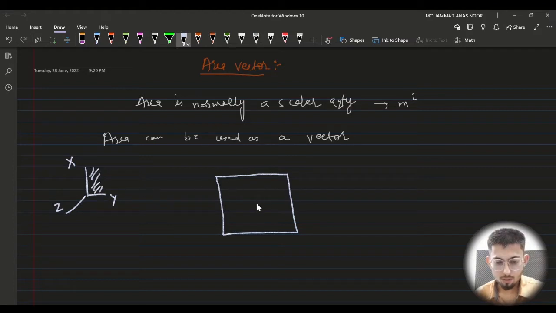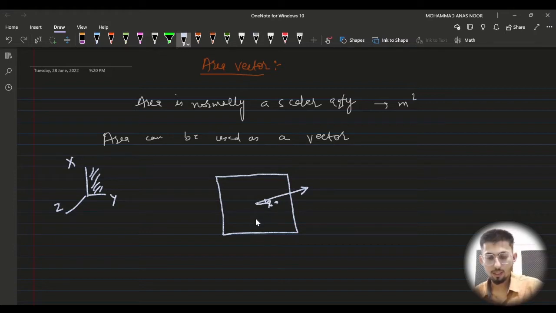Now if we draw a normal to this area, the normal line is perpendicular to it, like this, coming out of this square at an angle of 90 degrees.